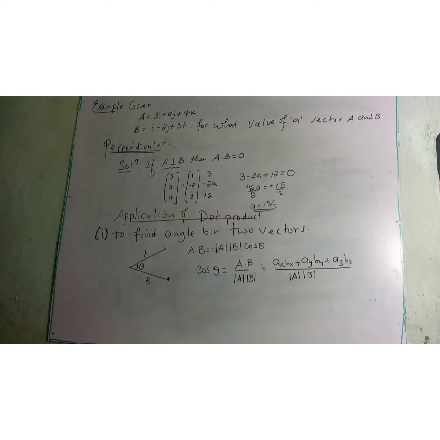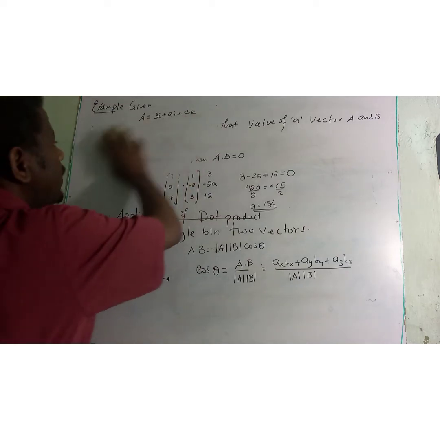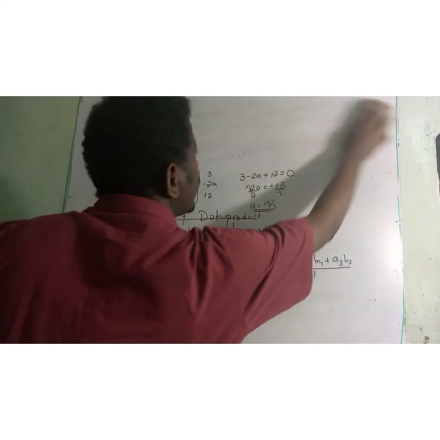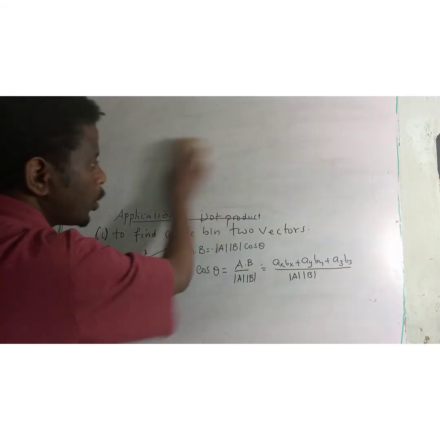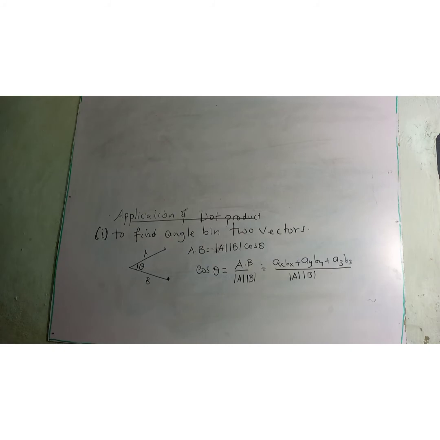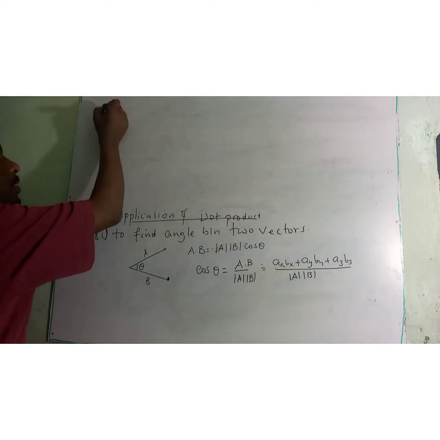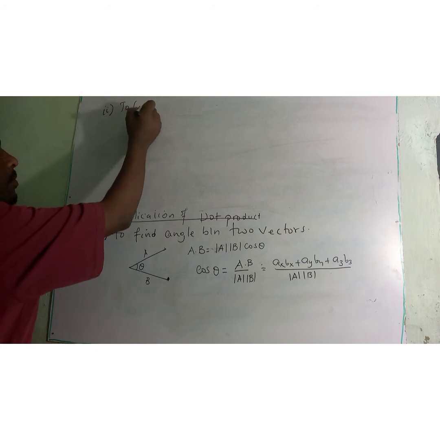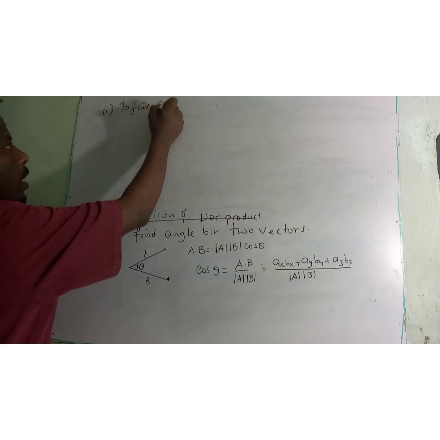Now let's see the second application of the dot product, which is finding the projection of one vector over another.